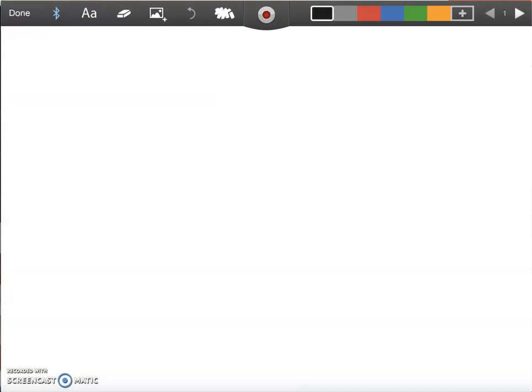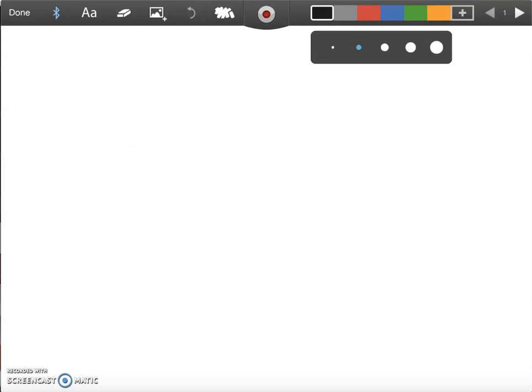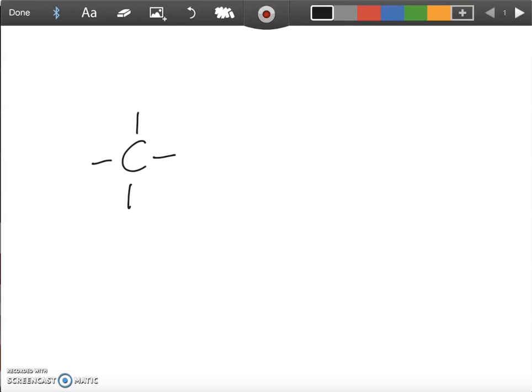Let's take a look at a molecule, CH3. I'm sorry, CH4. We need to determine what the molecular shape of this molecule is with respect to the central atom, which in this case is clearly C, carbon.